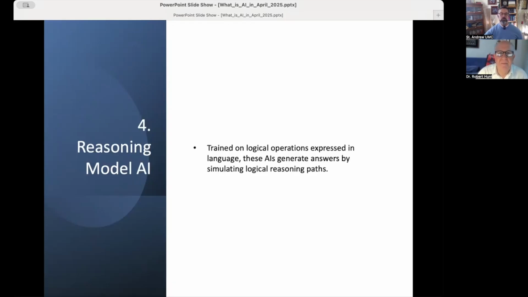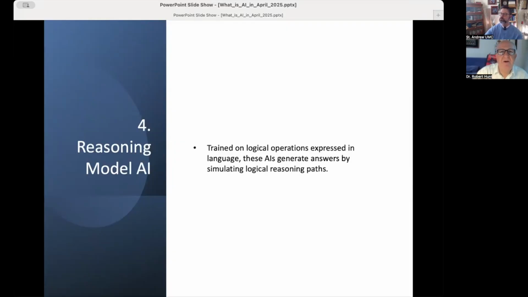And so you can ask them questions that are about reasoning, and they work a little bit differently. They do start with your question, they begin generating the next pattern, but based on what they see as the next reasonable thing.